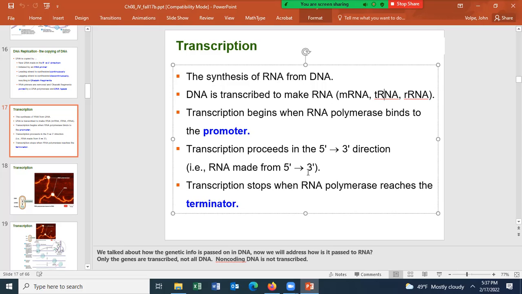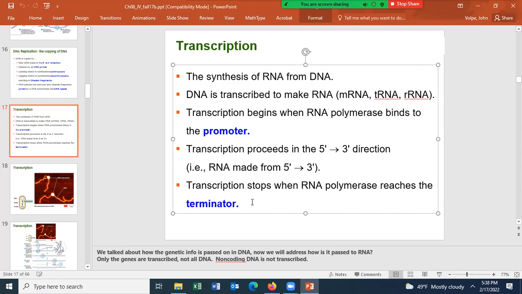And the RNA polymerase will move down the DNA, transcribing it, making RNA, until the RNA polymerase reaches the terminator. The terminator is a region of DNA after the end of the gene, and the terminator codes for the RNA polymerase to fall off the DNA.